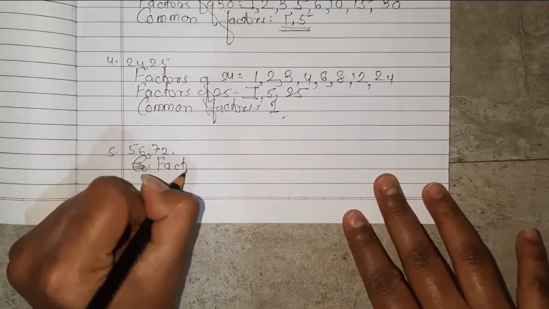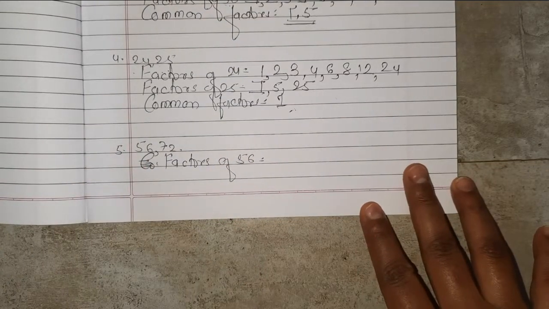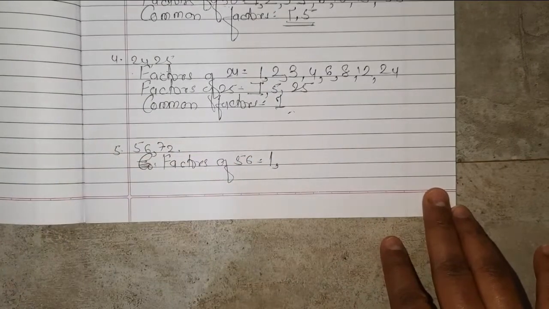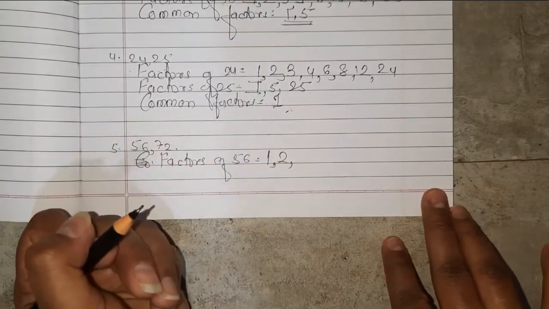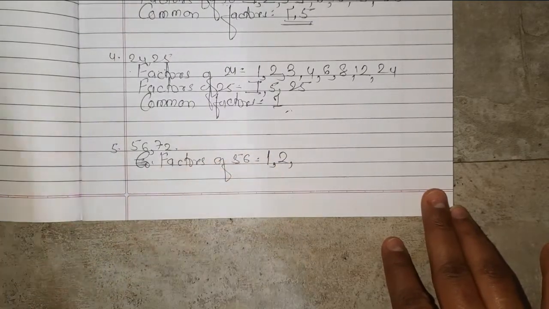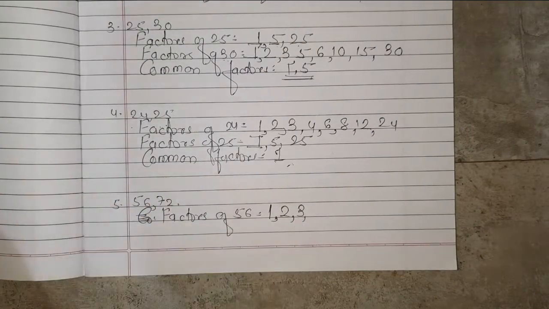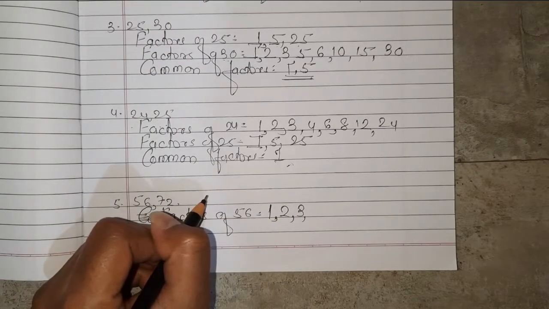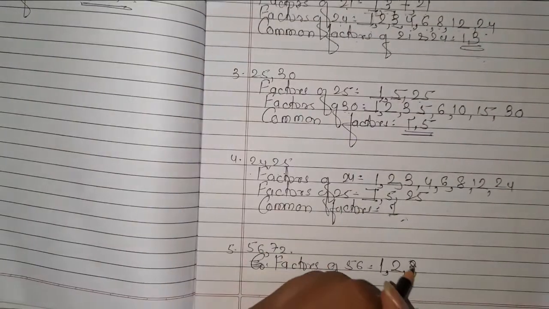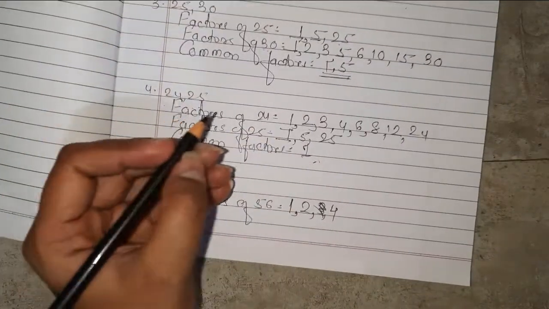So first we will write the factors of 56. 1 56s are 56, 2 28s are 56. Then 4 14s are 56.